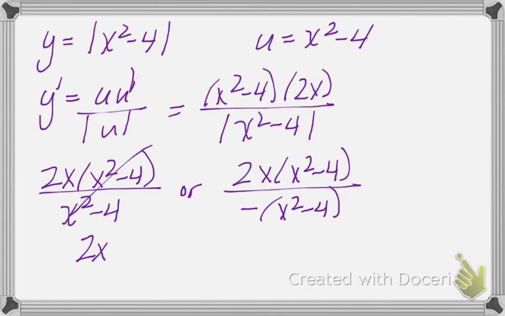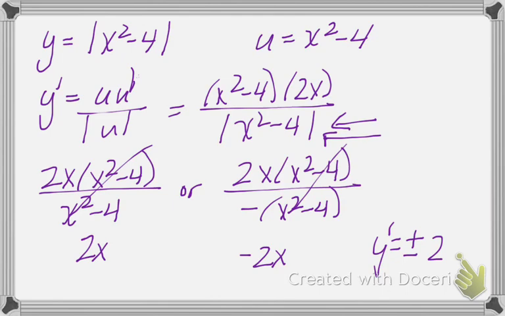So looking back over here, can I put 2x in as the denominator? Yes, I can, so 2x is an answer. And then if we look at the second one, these cancel, and we'll just get negative 2x. Can we put negative 2x into the denominator? Yes. So your answer would be that y prime equals plus or minus 2x.